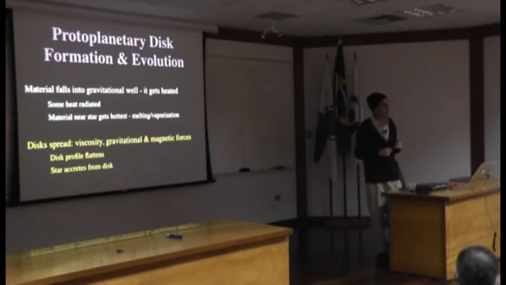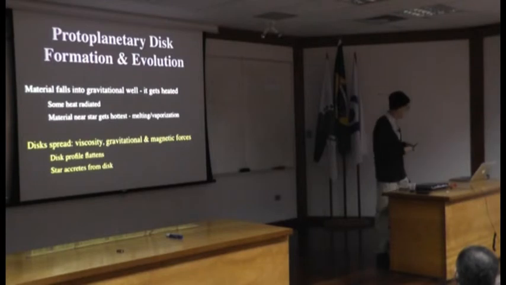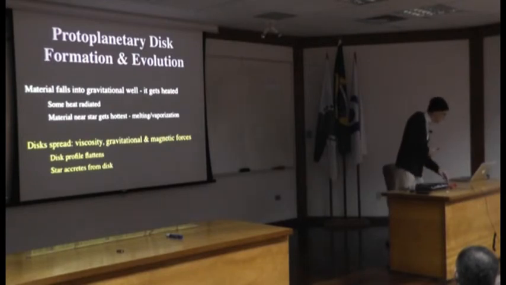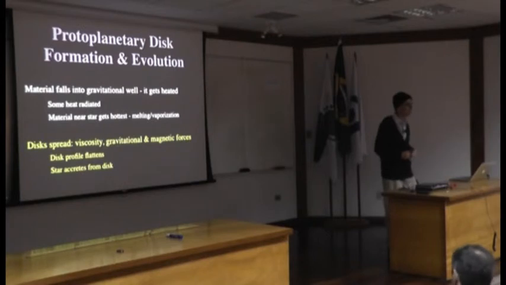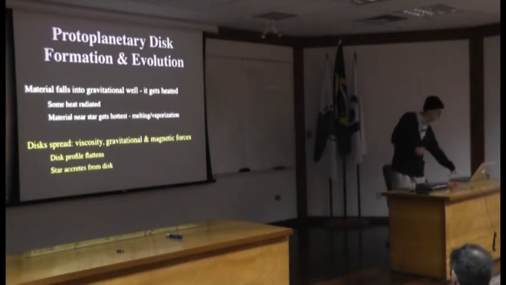It depends on the ionization state and various things, but that's generally thought to be the major coupling of the inner part of the disk to the star, this magnetic threading. And I can't give you a quantitative answer to that. I searched that in the literature, no answer. Yeah.